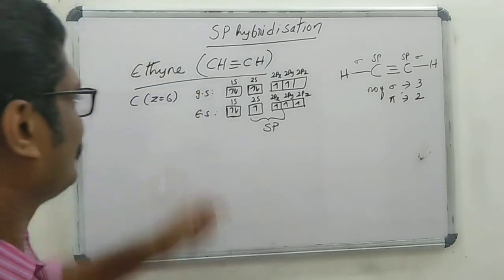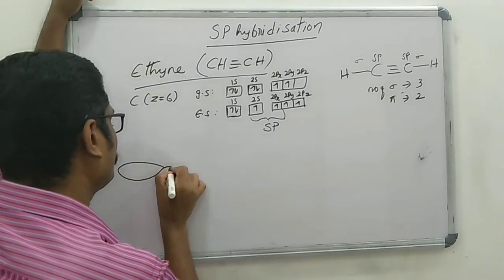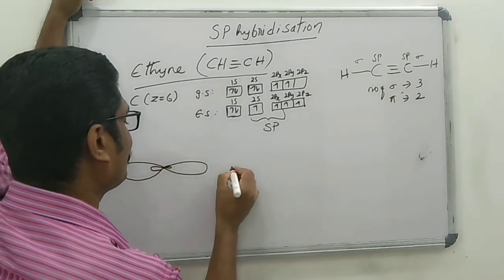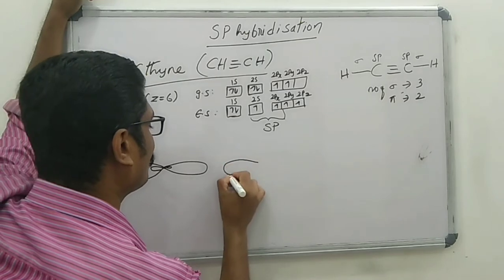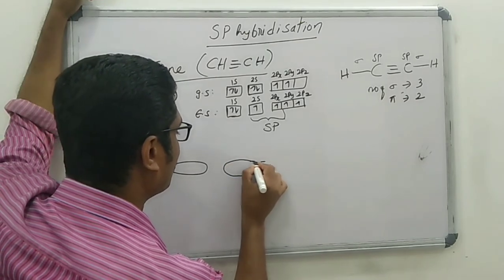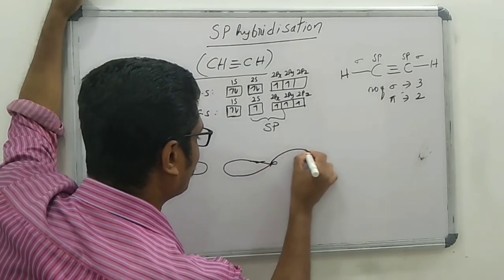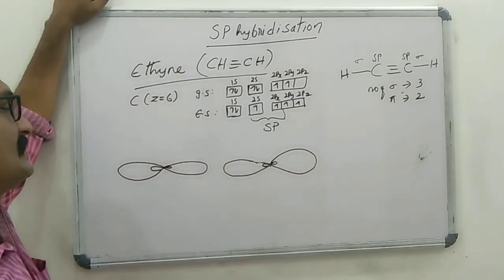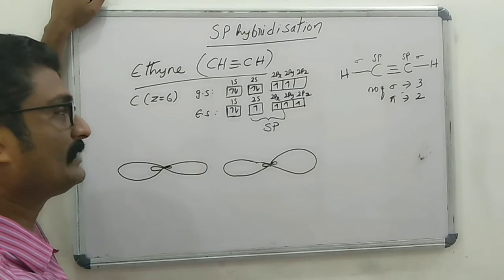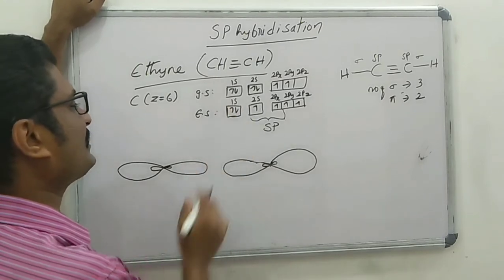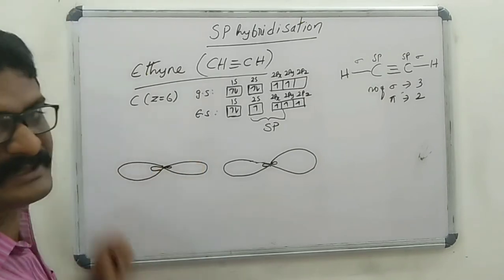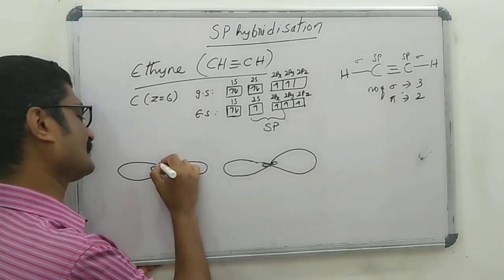The two sp hybrid orbitals of each carbon atom. Then each carbon atom has two unhybridized p orbitals.